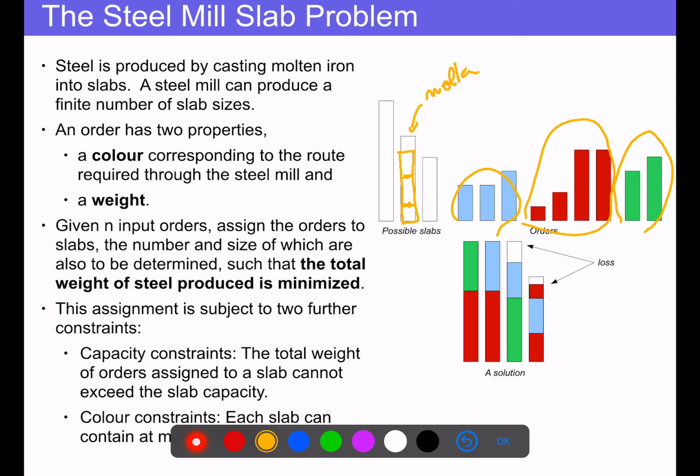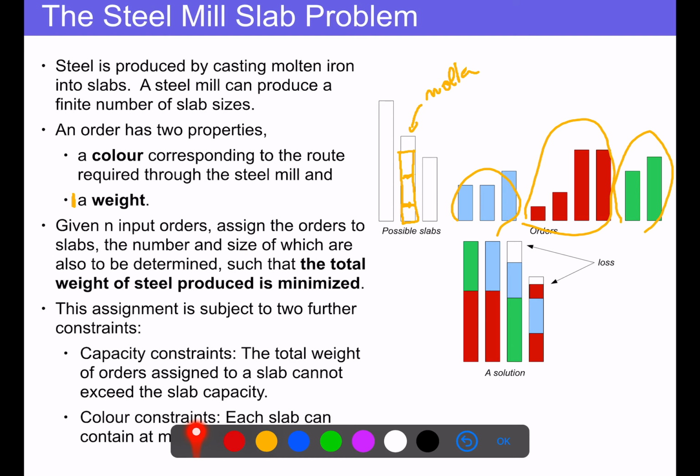So this customer asks for 3 orders with this specific length, and then you have the red customer and the green customer. And the 8 is what is represented by a weight here. And so you receive as input n orders. Each order has a specific size or weight. And the goal is to decide which slabs you will produce, and you want to minimize the total loss of the steel that you have produced.